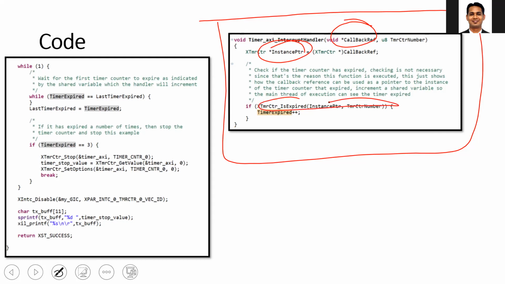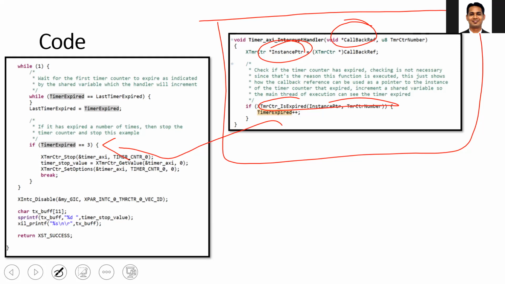Okay, if it is expired, you are incrementing the corresponding number of times the interrupt has happened by 1. And when this reaches 3, you are stopping the corresponding interrupt. Okay, so this completes writing the interrupt as well as the interrupt service routine. You can write your own interrupts as per the functionality you want.